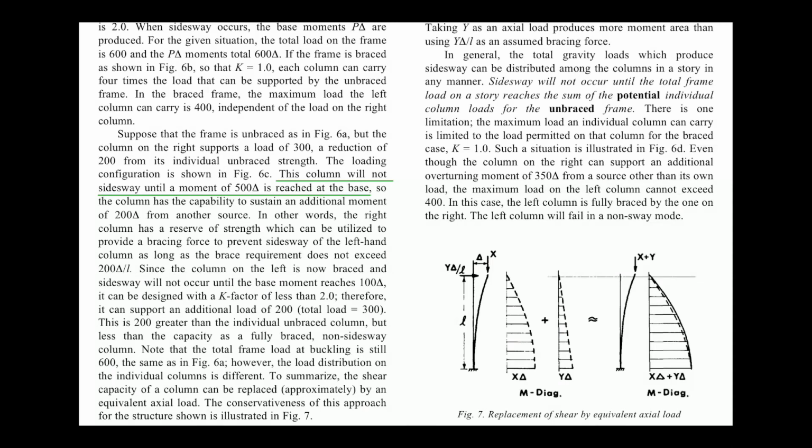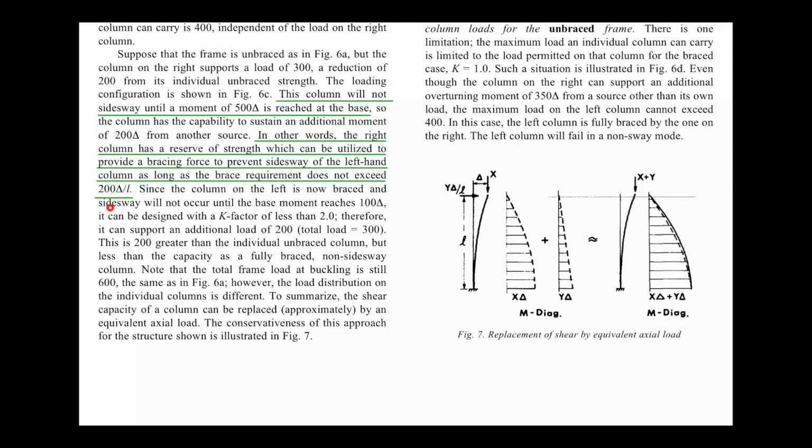Actually, my explanation in easy words should be easier to understand. As long as I don't exceed 200 delta over L. Since the column on the left is now braced, and sideway will not occur until the base moment reaches 100, it can be designed with a K factor of less than 2.0.